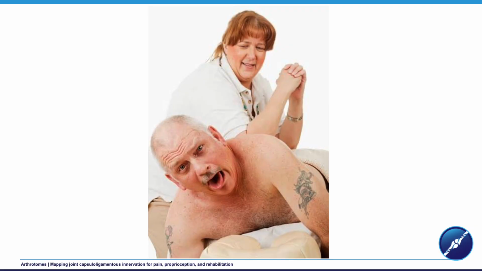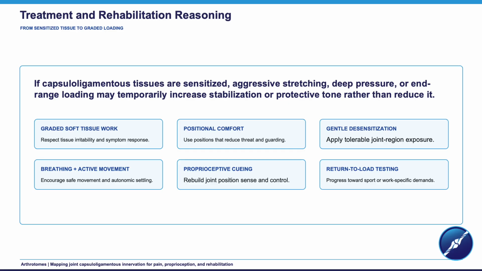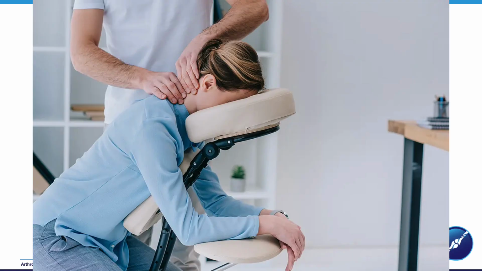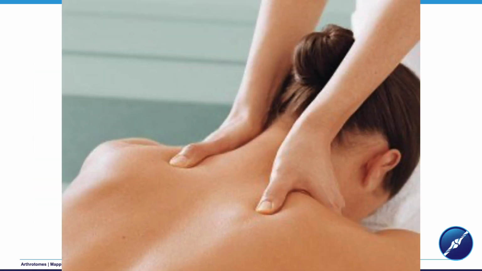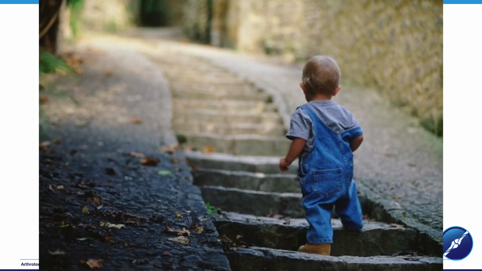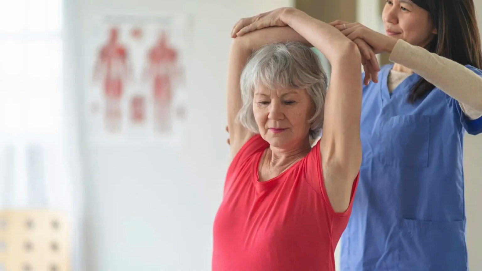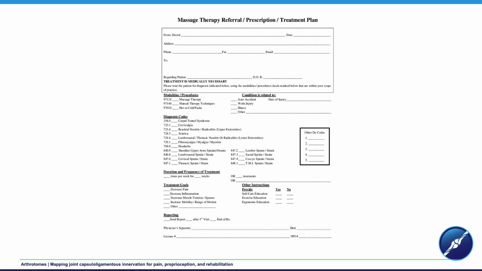That does not mean massage therapists are diagnosing arthrotomes. It means this information may support clinical reasoning and encourage graded treatment, comfortable positioning, gentle desensitization, active movement, proprioceptive cueing, and appropriate referral for interdisciplinary rehabilitation when needed.